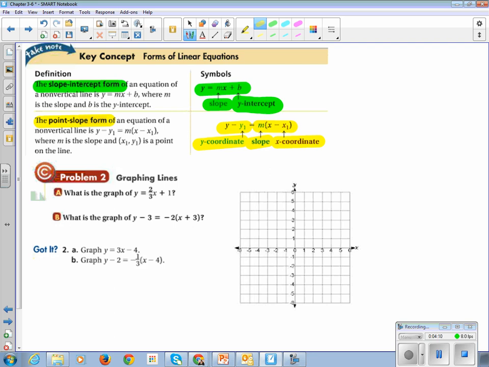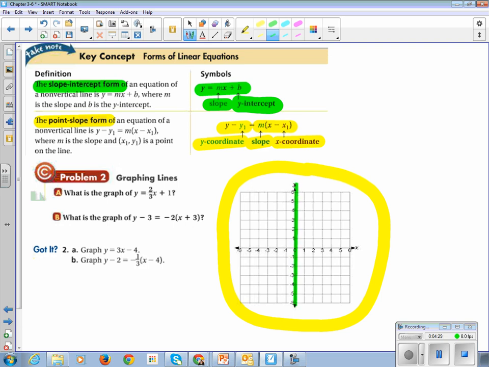So you want a y and an x and an equal sign when you're putting together an equation. All right, go ahead and put this grid on your paper, or if you have graph paper, even better. Put your x and y axis on there. This is your x-axis. This is your y-axis. Try to get as accurate a graph as possible.